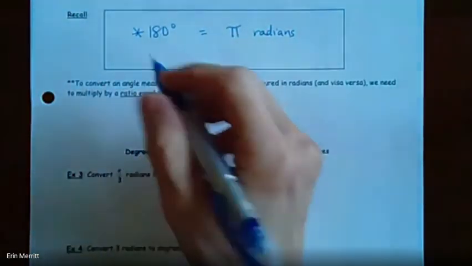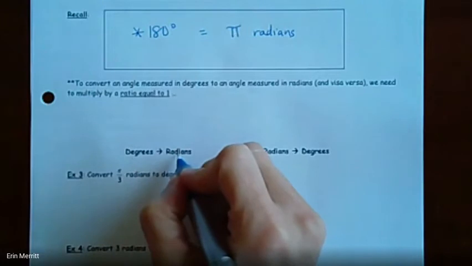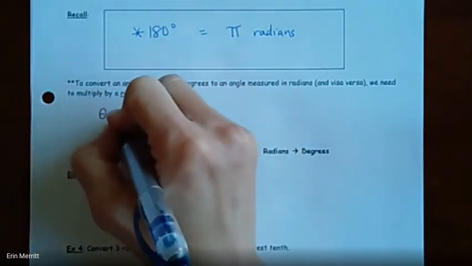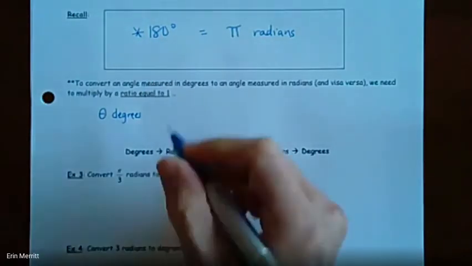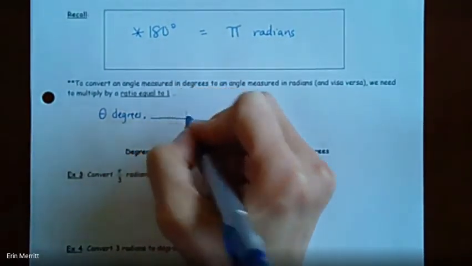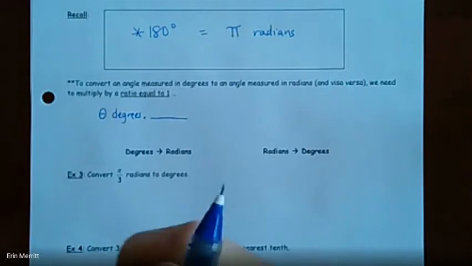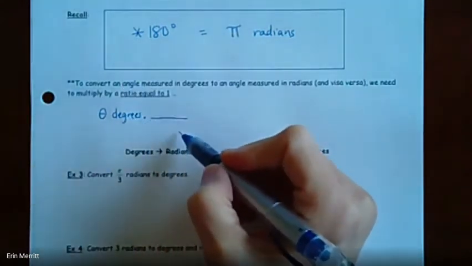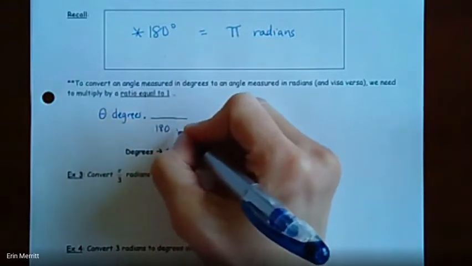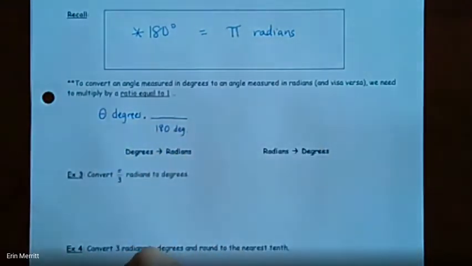How we would do this if we are starting with degrees and trying to go to radians. So I'm going to write it as we have 0 degrees and I want to switch to radians. I have to multiply by a fraction that's equal to 1. So I have degrees here and I want degrees to cancel, so the 180 degrees is going to go on the bottom.